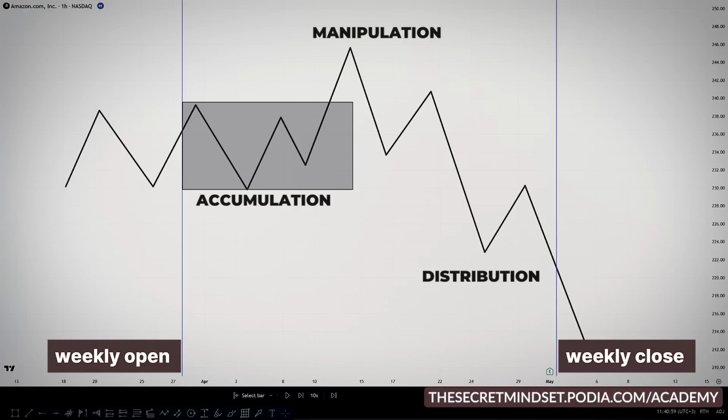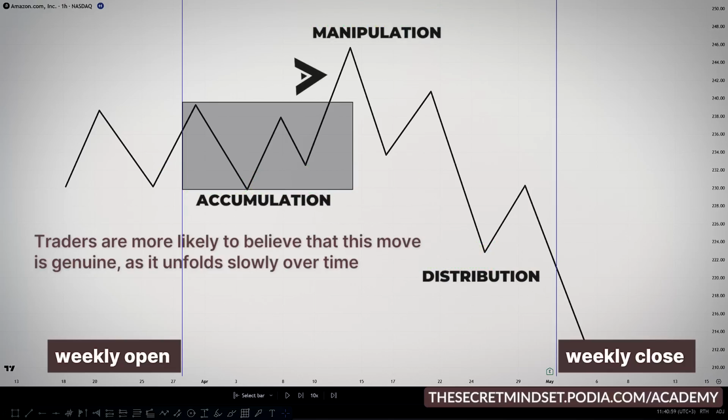One of the reasons why this type of manipulation is so effective on higher time frames is that it plays out over several days. Traders are more likely to believe that a move is genuine as it unfolds slowly over time, especially when compared to the rapid manipulation that occurs on lower time frames.